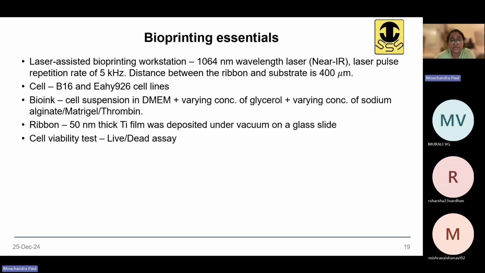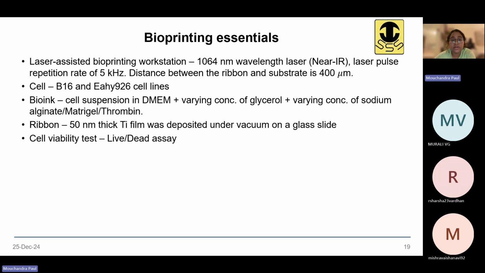That is also kept constant. The cells that they are using for this experiment are the B16 cell line, a carcinogenic melanoma cell line, and another one, the EAHY926 cell line, which is an endothelial cell line.